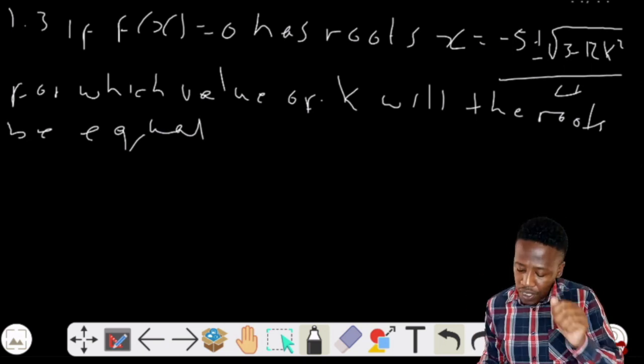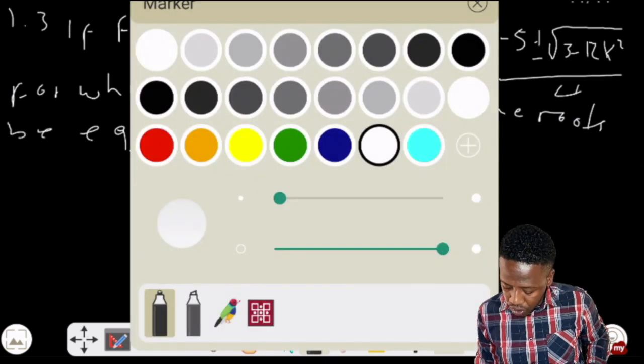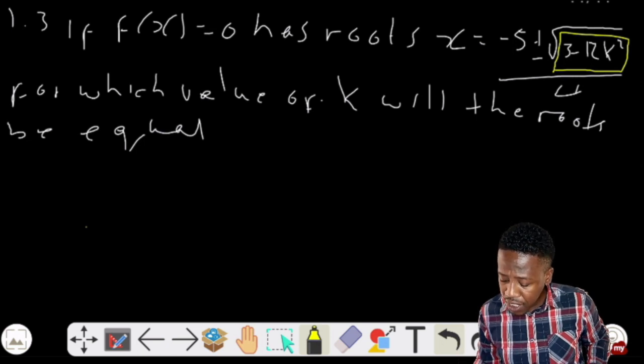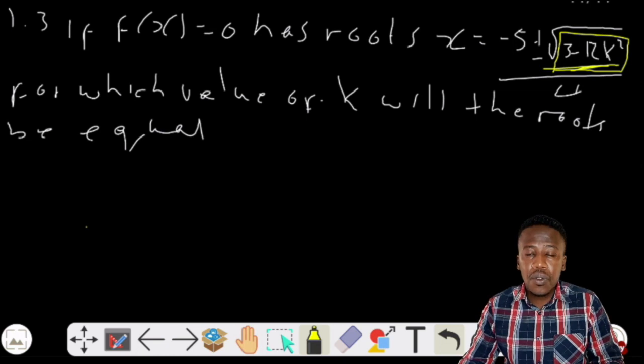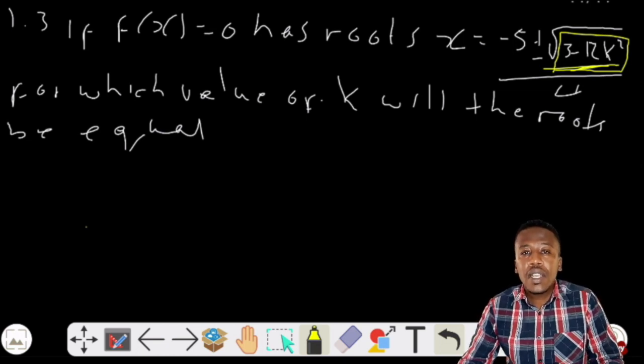Meaning your final answer needs to satisfy our statement, meaning this part here, which is your discriminant, whatever's under this root here, whatever answer you get for k, you should get a 0 for us to be able to say, you know what, this question is correct.